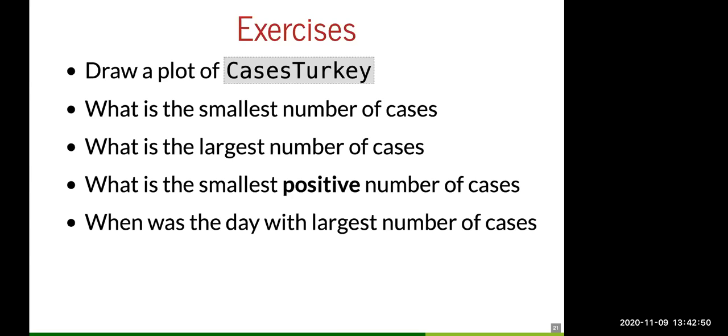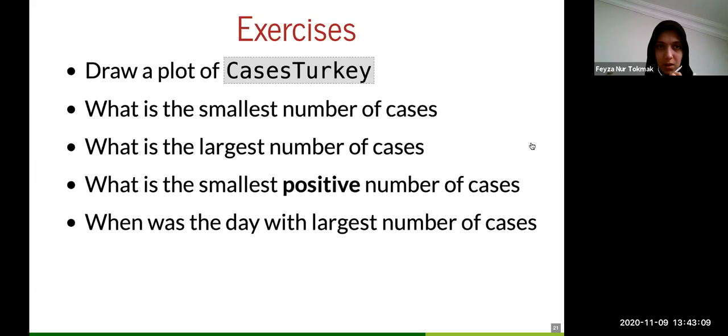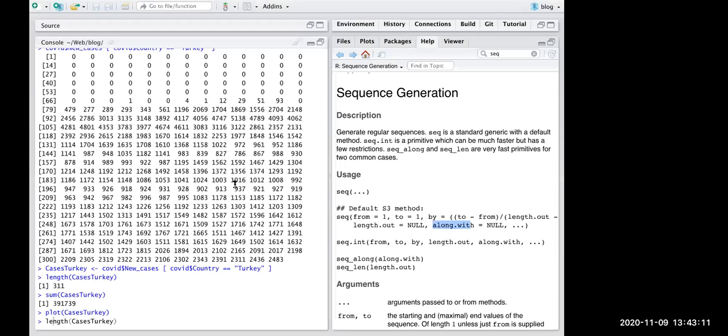If you don't know the answer, you can start asking questions like, what do you mean by number of cases? What do you mean by smallest? So number of cases here is the content of this vector called cases Turkey. This one that we see here.